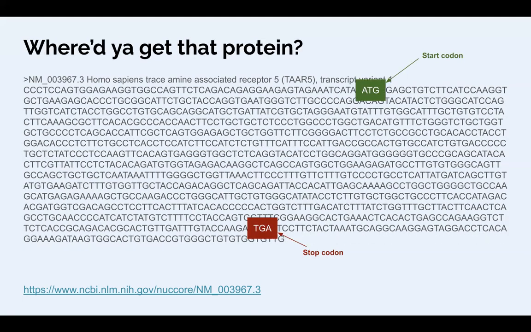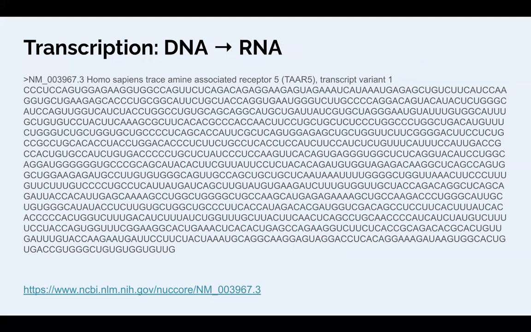The only thing I did here was switch the T nucleotides, which are DNA nucleotides, into U nucleotides, which are RNA. So DNA goes ACGT, RNA goes ACGU. The orientation changed a little bit, but the stop codon and start codon are still there in the same locations as before.